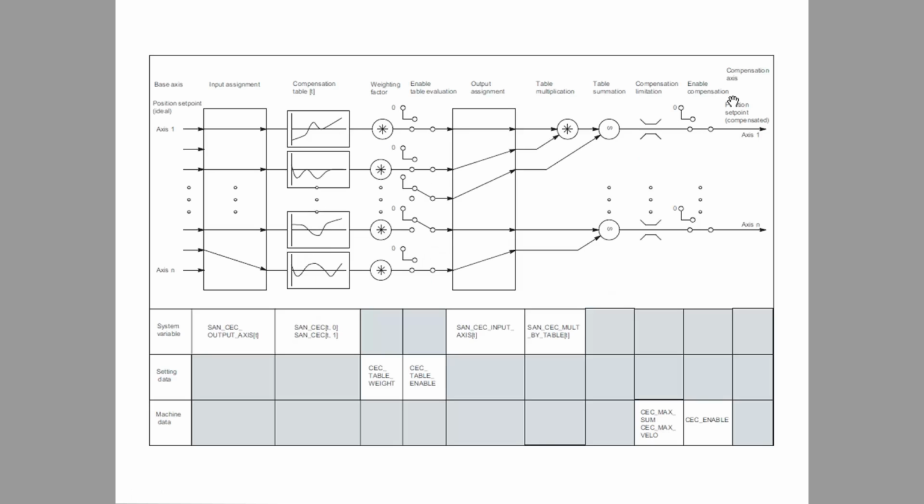Now, we've briefly discussed before that we can have one output axis that has many tables feeding it. This is a page from the documentation showing how the flow of tables are summed together. So if we have a single output axis here on the right, and we have compensation for it enabled, then we get a summing junction here that takes all the tables where that single axis is the output, and they get summed together.